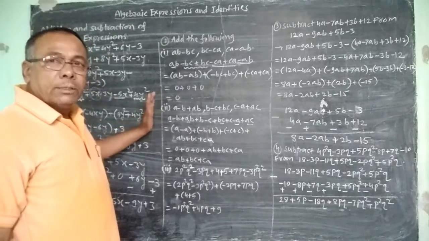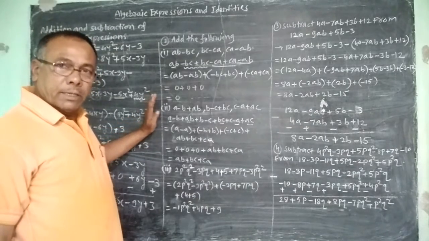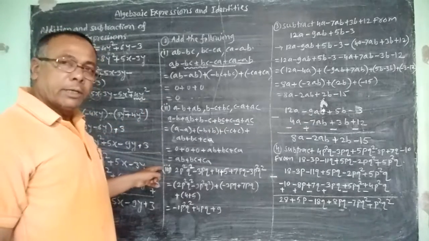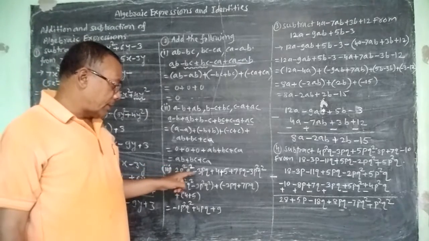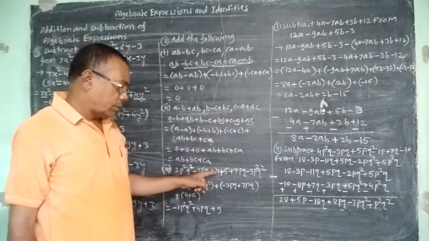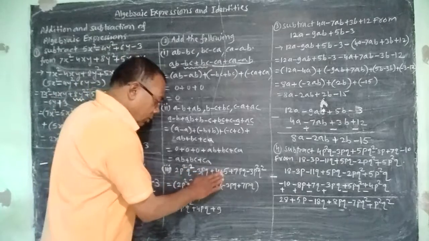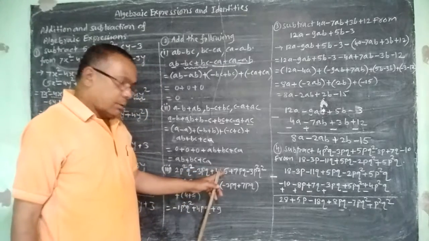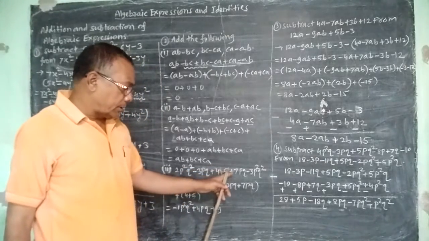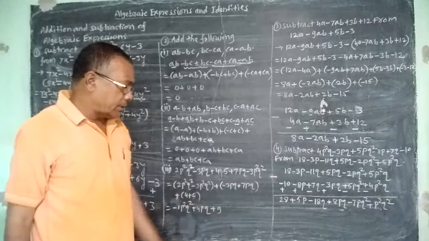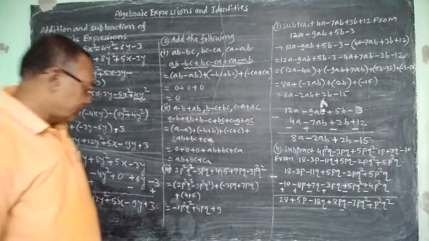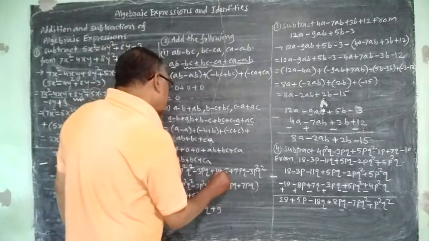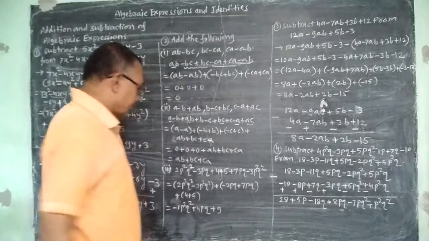So it was the second example, and now we have to solve the third example, which is 2p square q square minus 3pq plus 4, and the second expression is 5 plus 7pq minus 3p square q square. Here we have to add these two expressions.